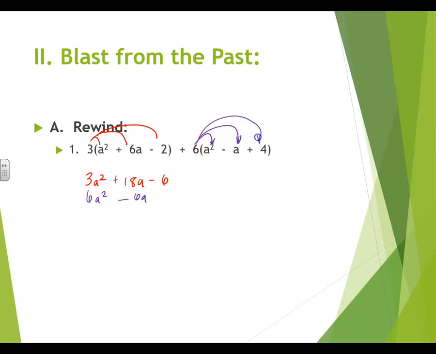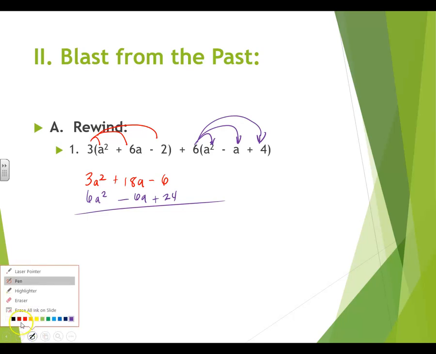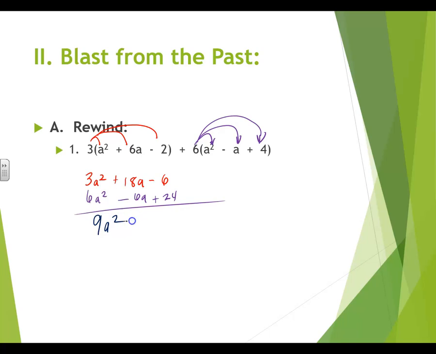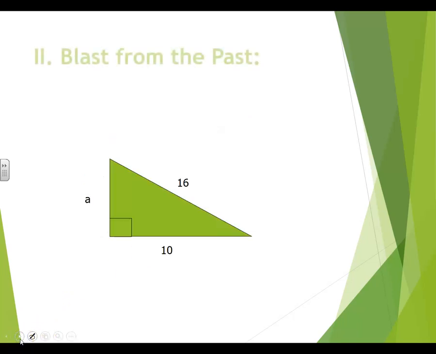And then 6 times 4 is 24. So we add these up, we get 9a squared, because we got like terms together. So 9a squared plus 12a plus 18.